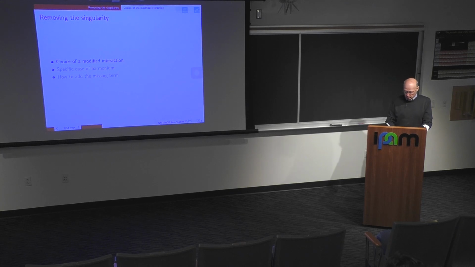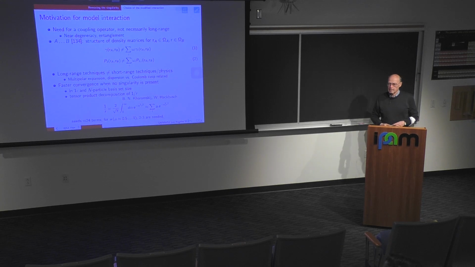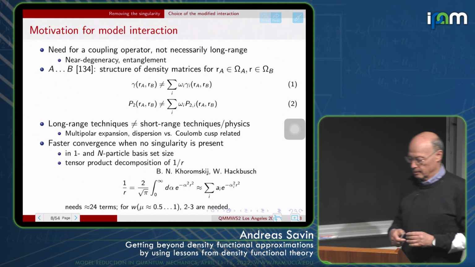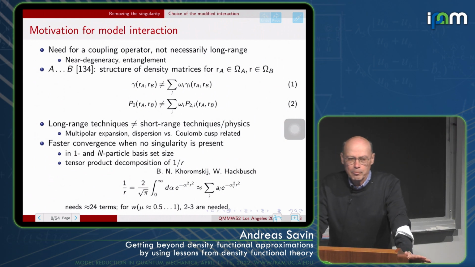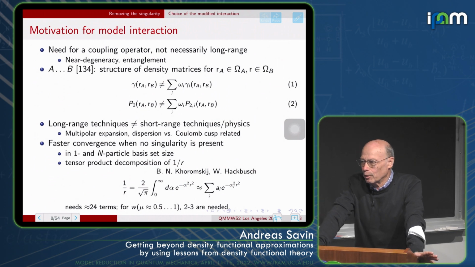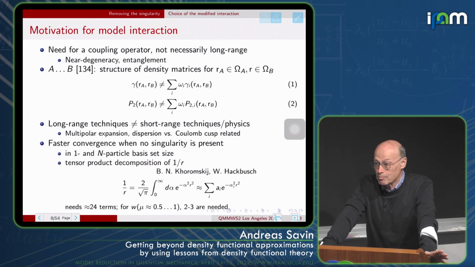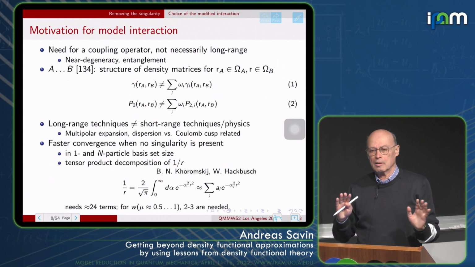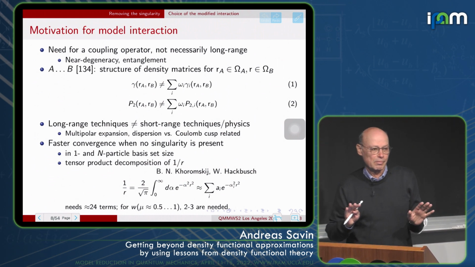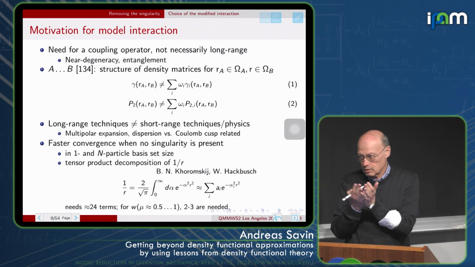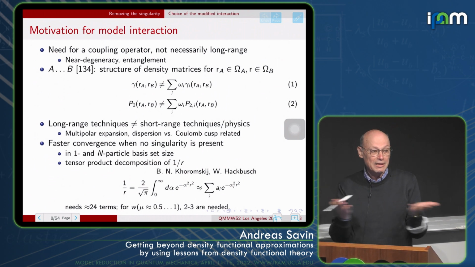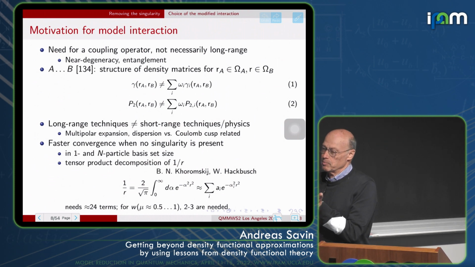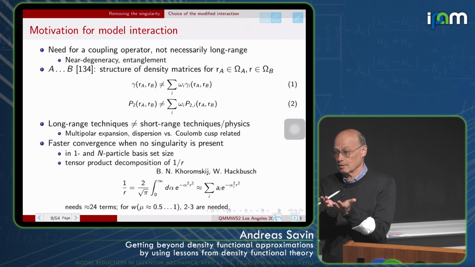So first, the choice of the modified interaction. And here there is much hand-waving, experience, belief, whatever. I'm quite convinced about the need of having an operator that couples states. In chemistry, you see lots of near degeneracy. I don't speak about degeneracy, which is maybe not so difficult, but near degeneracy is a headache.